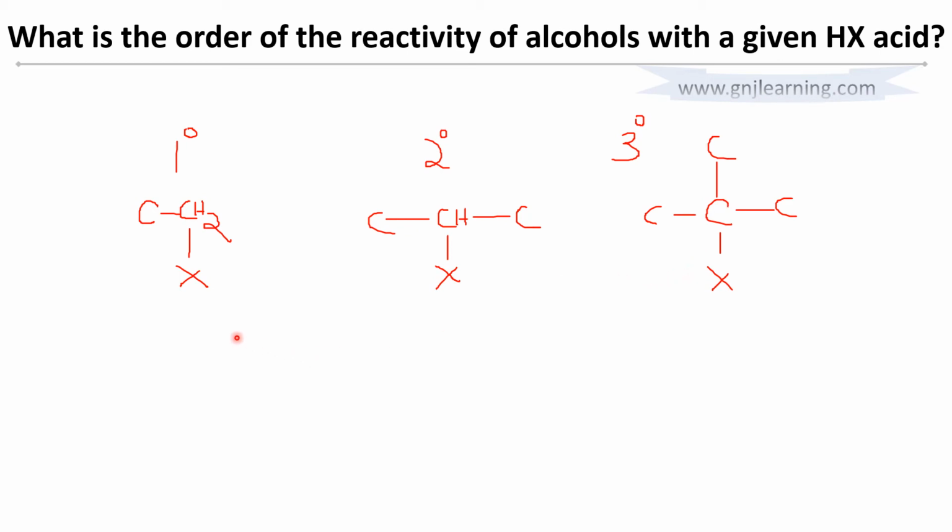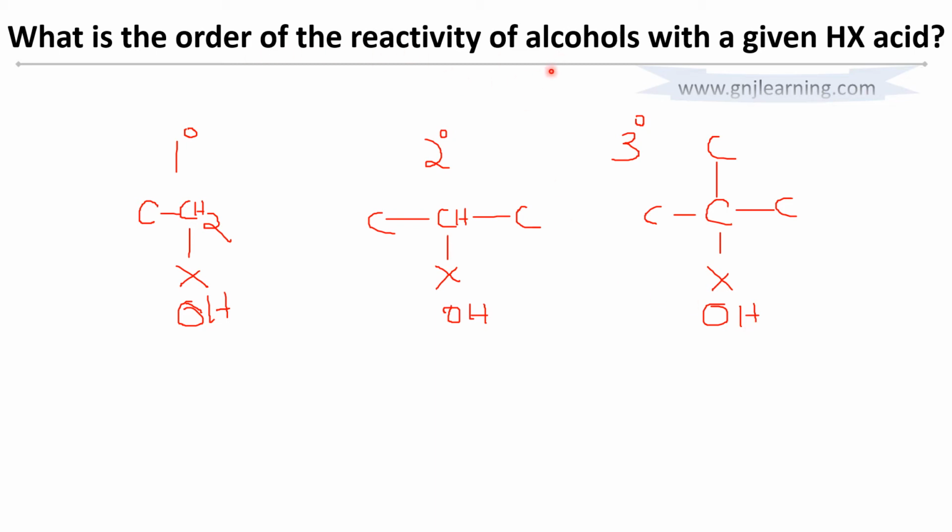Similarly, in the case of alcohol, imagine that instead of X I have OH there, then it is called a primary alcohol. Here if OH is there, it is called a secondary alcohol, and here also OH, then it is called a tertiary alcohol.